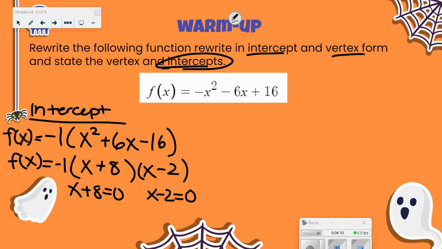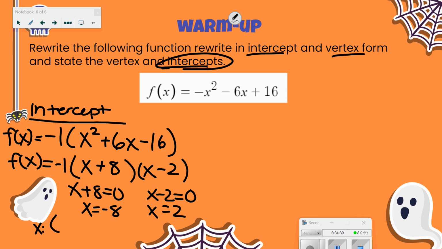0. And think about if this was equal to 0, you would just divide both sides by -1. So you would have 0 equals your factors, because that's how your equation is going to equal 0. You want to find those values that are going to make one of those factors 0. So you find x equals -8 and x equals 2, which means what are those intercepts as ordered pairs?